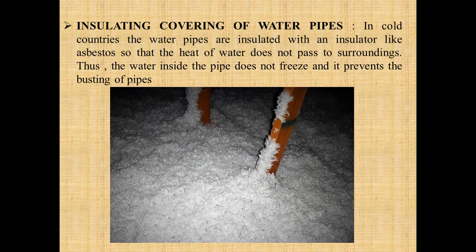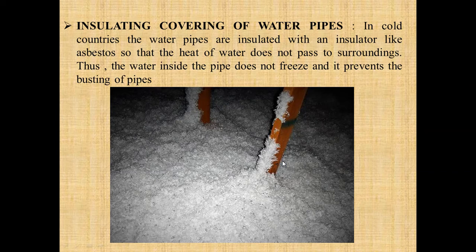In cold countries, the water pipes are insulated with an insulator like asbestos, so that the heat of the water does not pass to the surroundings. Thus, water does not freeze and it prevents the bursting of the pipes. In countries where the temperature is very low, the pipes are covered with an insulator like asbestos, so that it does not allow the heat of the water to pass out, and the water stays in liquid form.